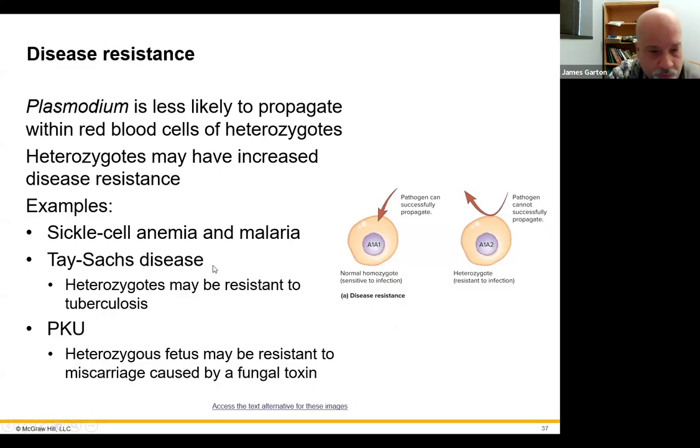There is another disorder, Tay-Sachs. You don't want to have Tay-Sachs. But there is some speculation that if you're heterozygous for the gene that causes Tay-Sachs, you're more resistant to tuberculosis. If you're heterozygous for PKU, you could be more resistant to certain types of miscarriage.